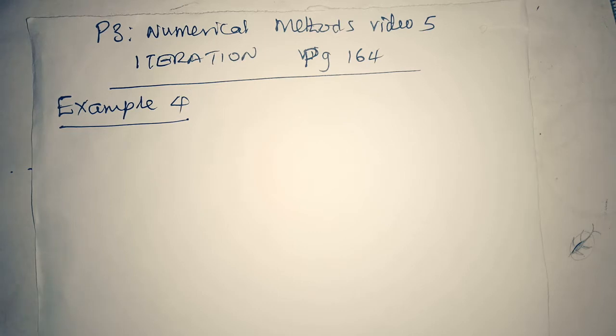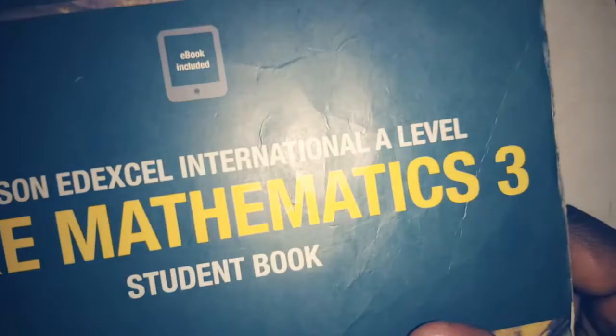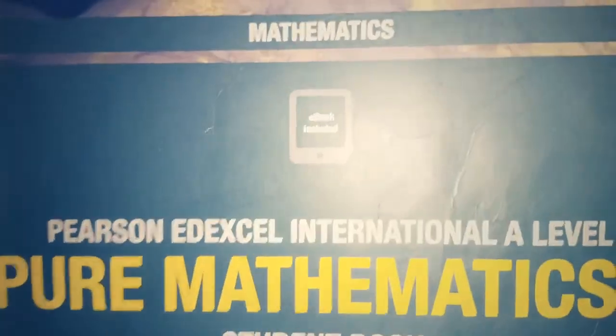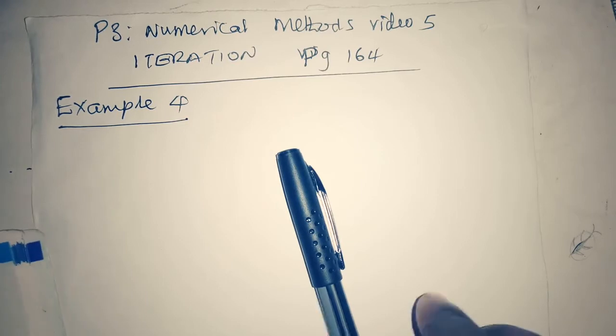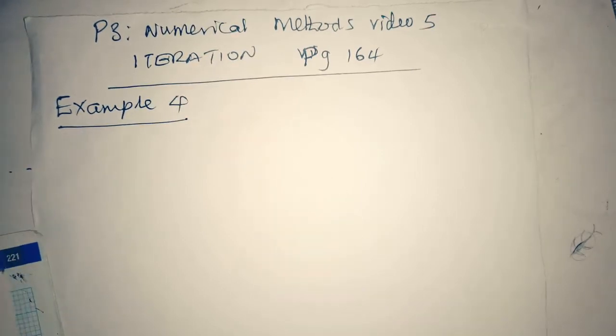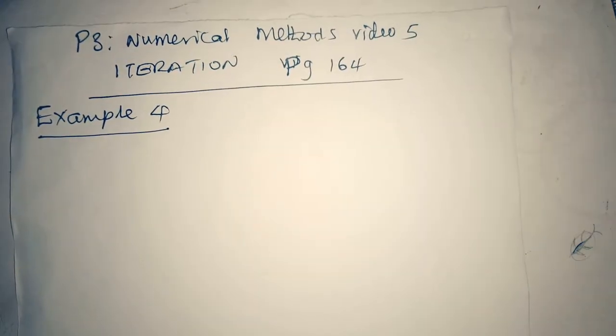I'm Mr. Kamotho, and in this video we are to understand something in Pure Mathematics 3. We are discussing chapter 8, and we are looking at example 4, which explains something to do with iteration.